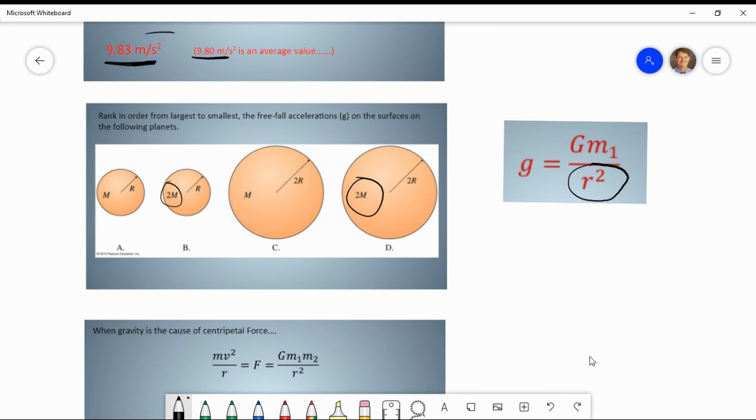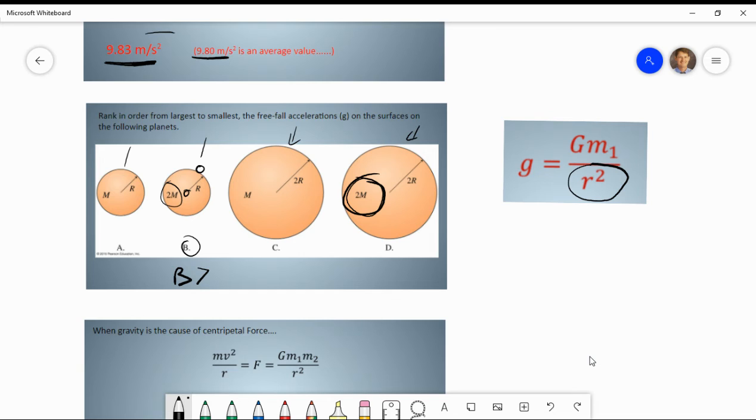So these bigger ones, because they're bigger in radius but not necessarily bigger in mass, well, this one is, but these smaller ones are going to end up having more acceleration due to gravity, because the radius between the object on the surface and the center is smaller. So it looks like this 2m is going to be our biggest. That's our largest.